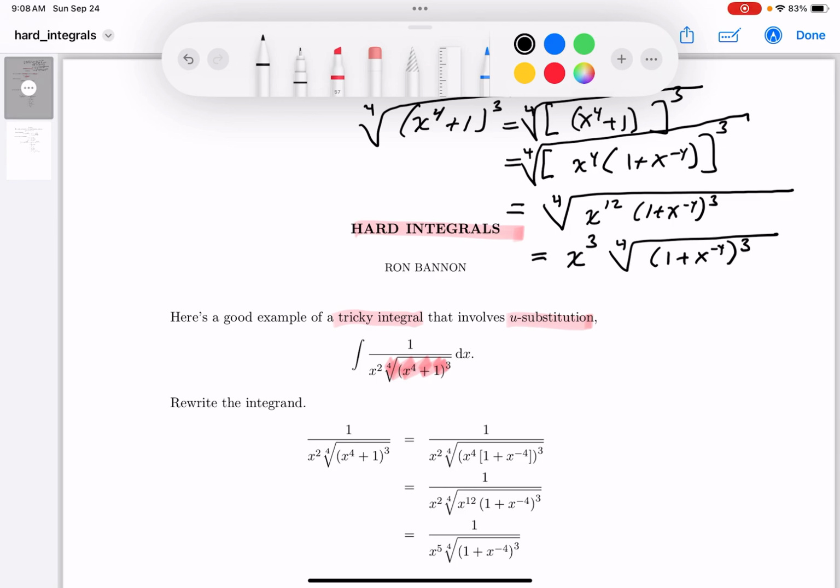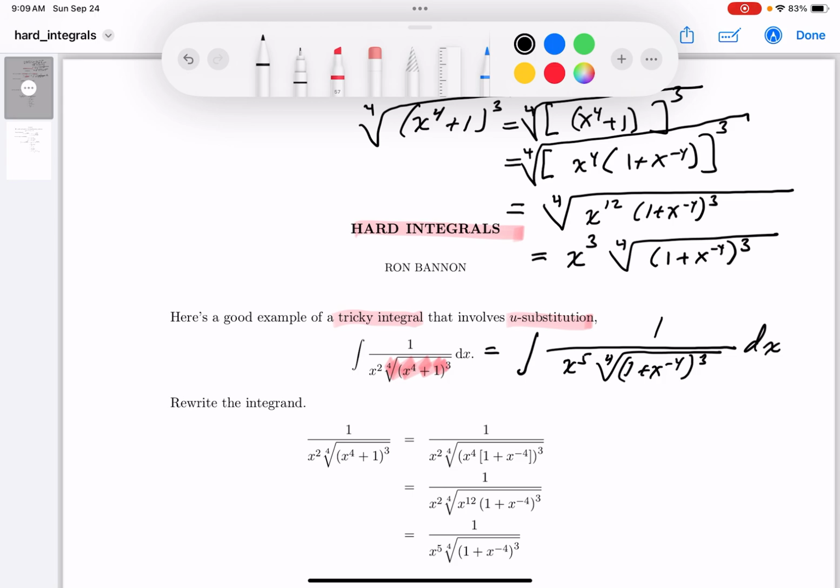All right, I'm going to look at that now, and I'm going to put in the problem. And I'm hoping to see something. If not, though, I erase it and try again. We already had an x squared, so I get x^5 now. And then you get the fourth root of (1 plus x to the minus 4) cubed.